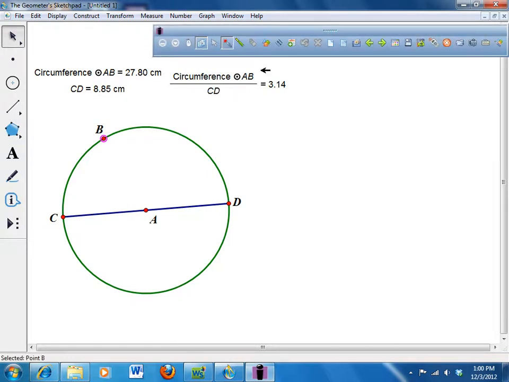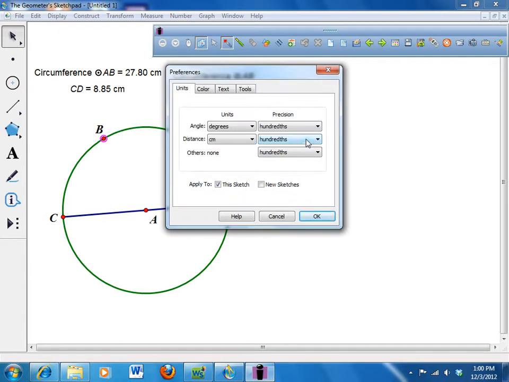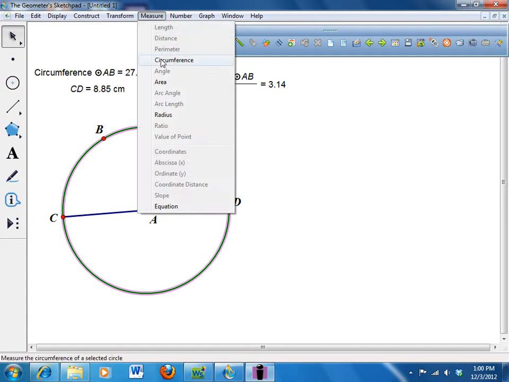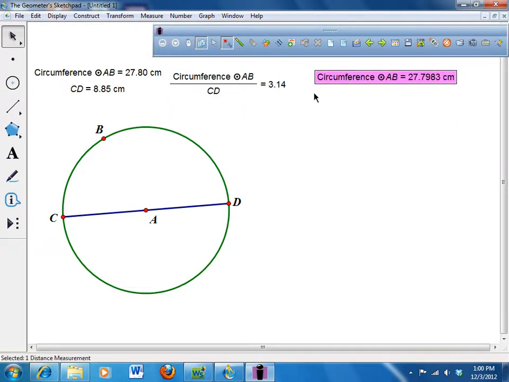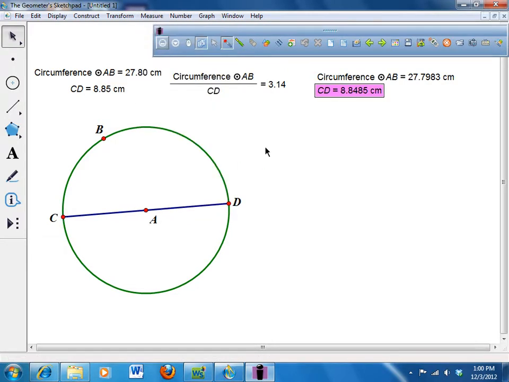So let me just show you something because I think it's kind of cool. If I go to edit preferences and I change this to 10 thousandths, and I change this to 10 thousandths, and now if I hit OK, and now if I want to measure, watch, measure circumference, I'm going to put that over here, and then measure distance.